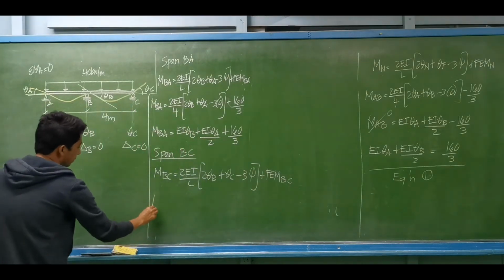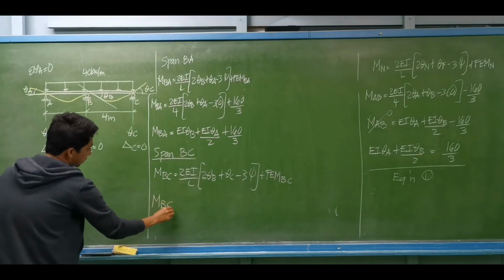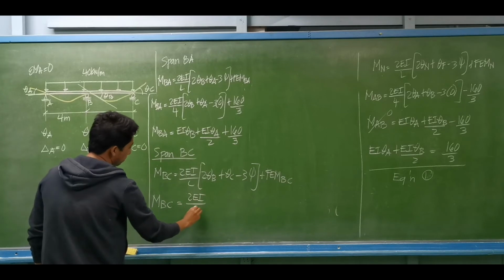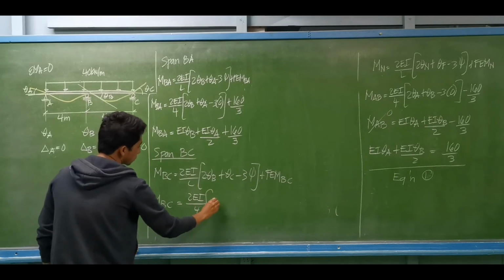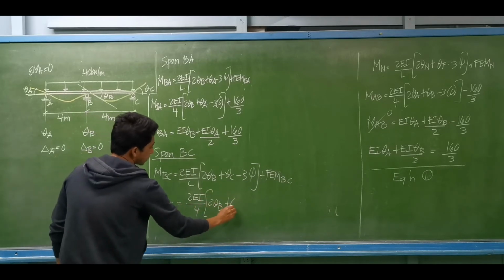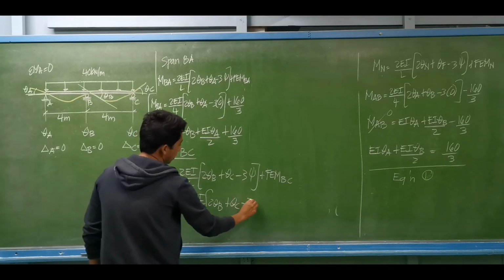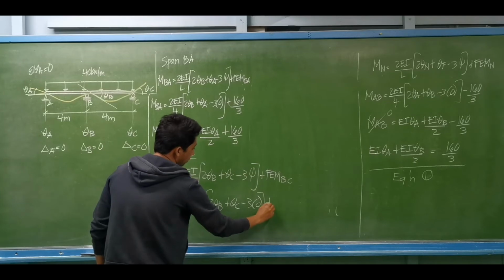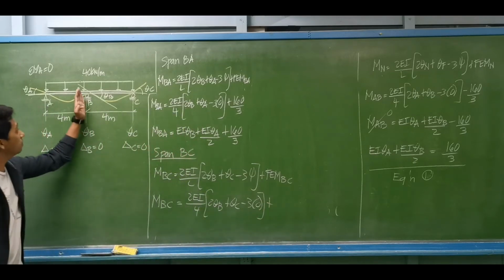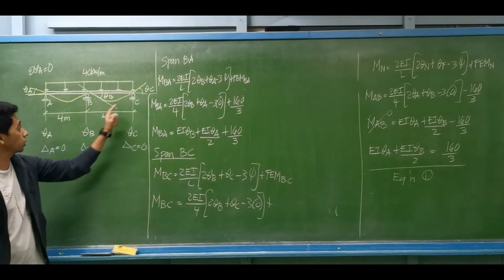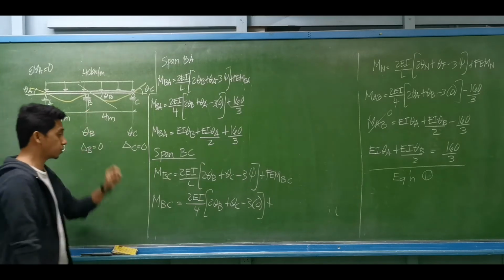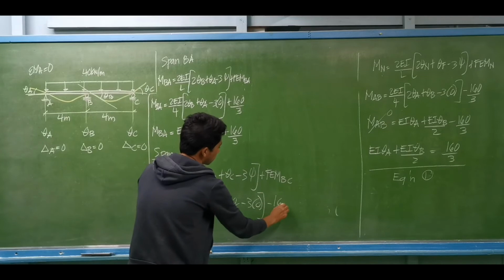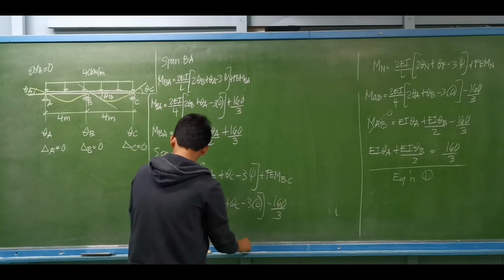Okay, so we have the moment for member BC is now equal to 2EI divided by 4, multiplied by twice of theta sub B plus theta sub C, again minus 3 times 0, plus the fixed end moment for member BC. Take note, this is a left support, so it is expected to be negative, negative 160 over 3.